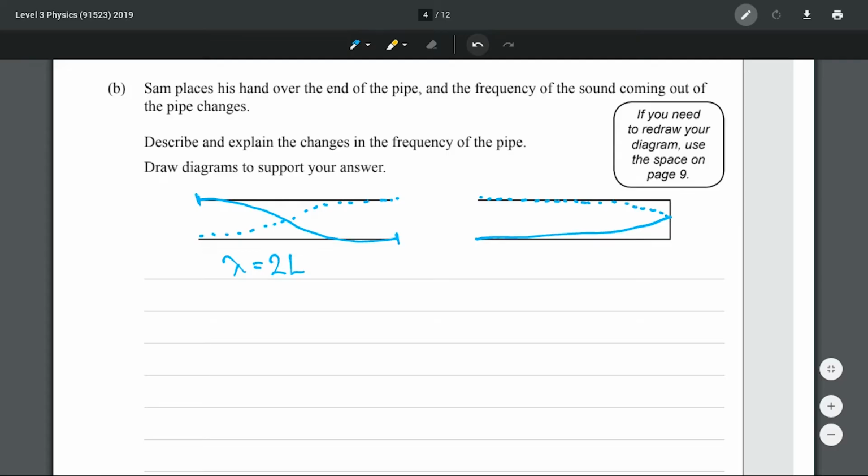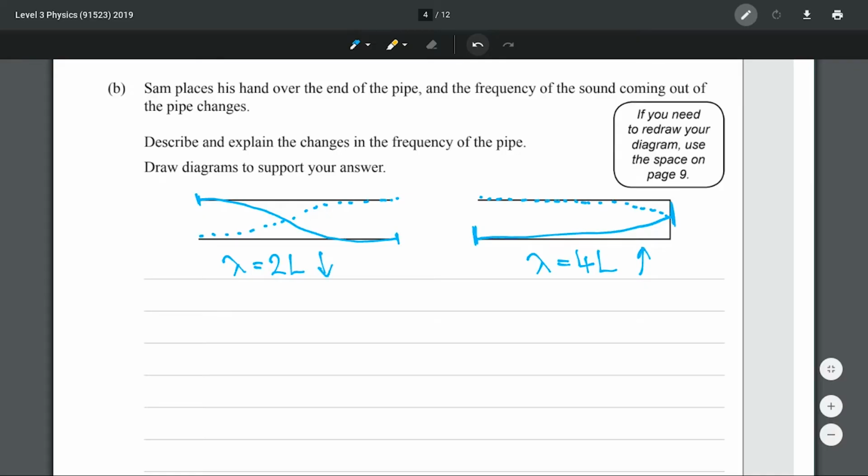For our closed pipe, however, this section here is only a quarter of a wavelength, which means that a wavelength needs to be 4 of these lengths to make up a full wavelength.